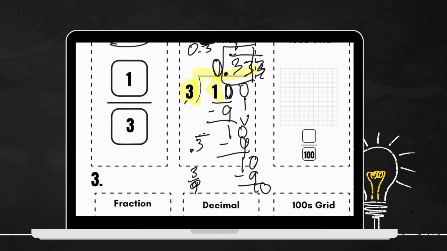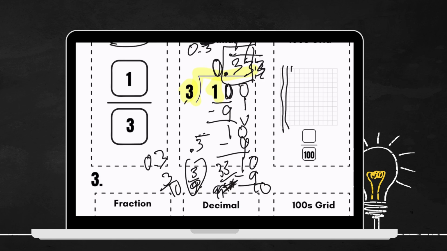This is the tenths place value, so that's a fraction over 10. And like I said, if it wasn't a repeating decimal, if it's just 0.3, we would write that as 3/10. Anything that's repeating is actually over 9. And then 33, this is the hundredths place value, so it would be 33 hundredths. And actually it would be over 99 since it's repeating. So we're going to fill in 33 squares.